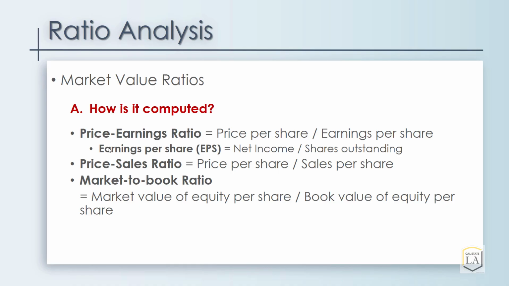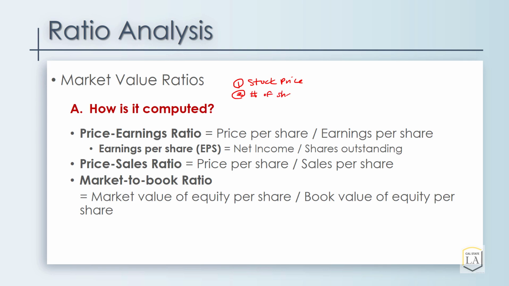The last group of ratios would be the market value ratios. And to be able to compute the last group, you need two additional pieces of information from the market. The first is the stock price. And the second piece would be the number of shares outstanding.